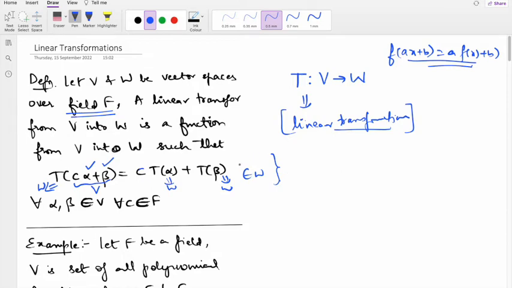The same field over V and W is needed because of this particular property. Otherwise this c times would not be well defined.